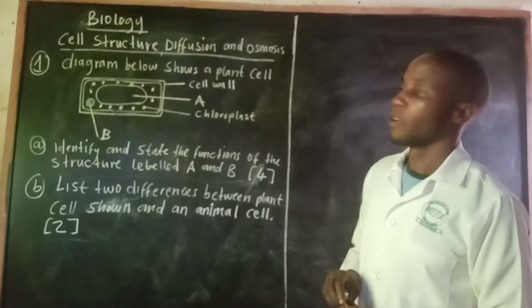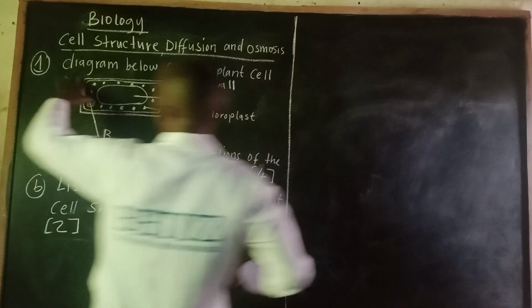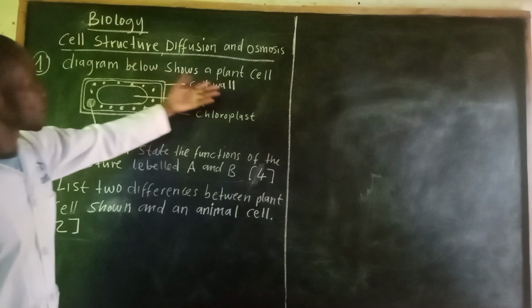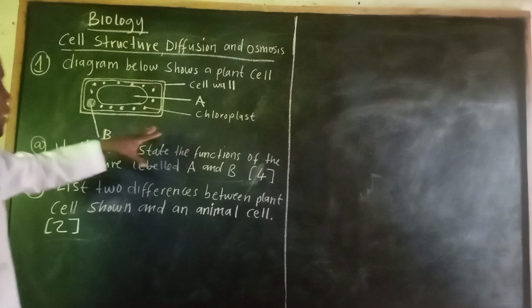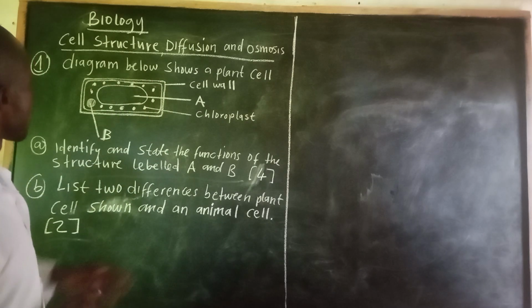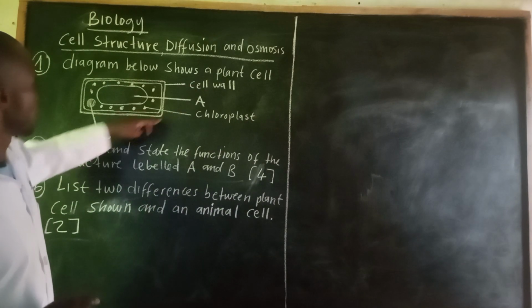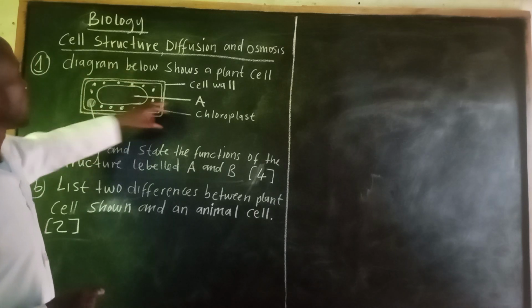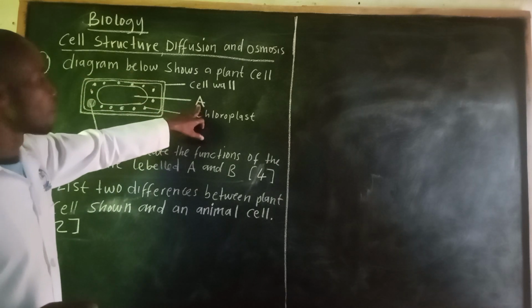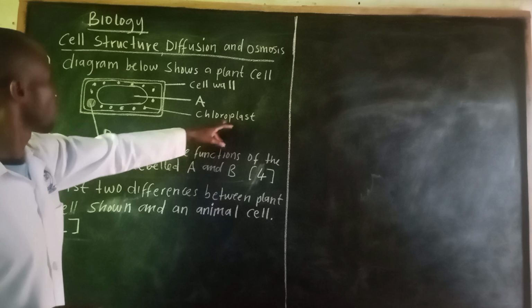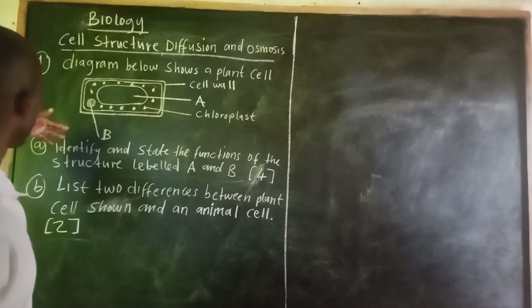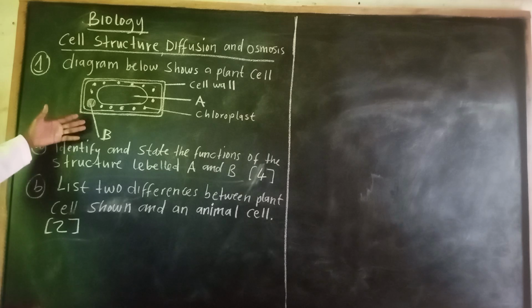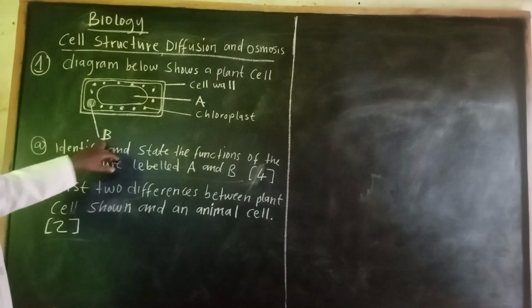Okay, so question 1: the diagram below shows a plant cell. We have the cell wall, this one. Then part A, we have chlorophyll, chloroplast, which is this dotted that you are seeing. Then this side we have structure B also.